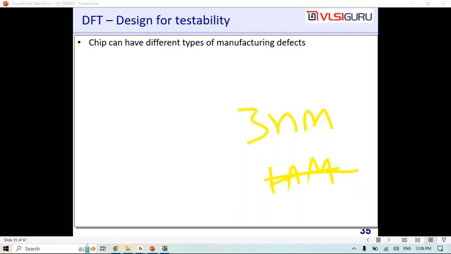Why? Because whatever hair thickness you take, that will be around 0.1 millimeter, let's say. What is 1 nanometer?